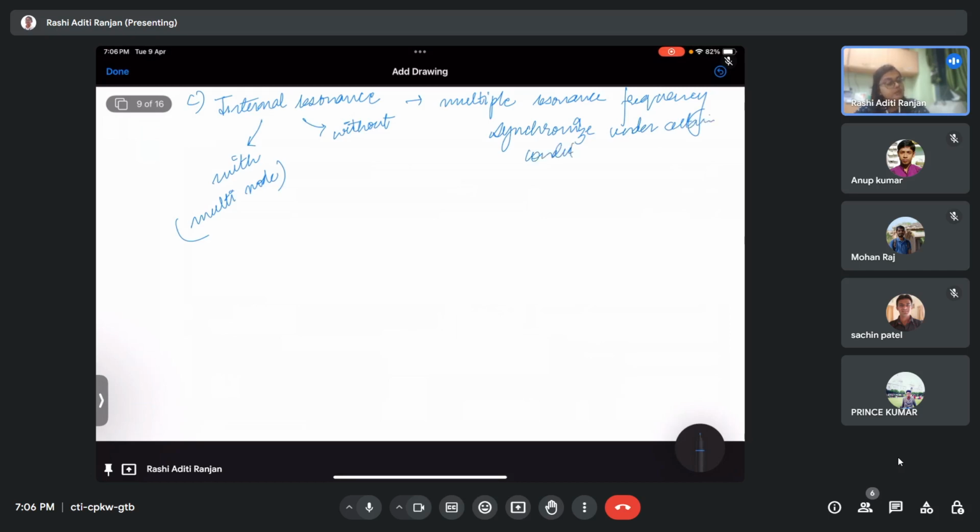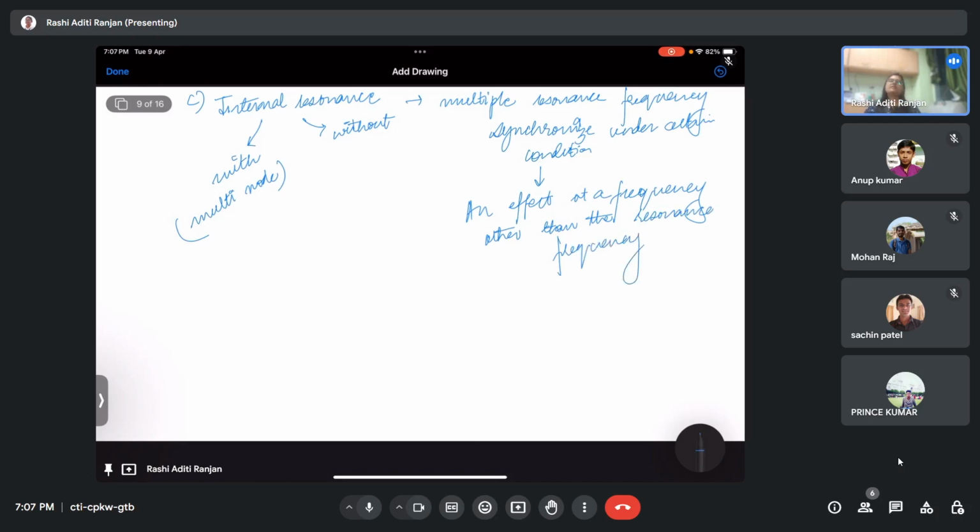And what is this going to do then? It is going to produce an effect at a frequency other than the natural frequency, or rather I should say resonance frequency.